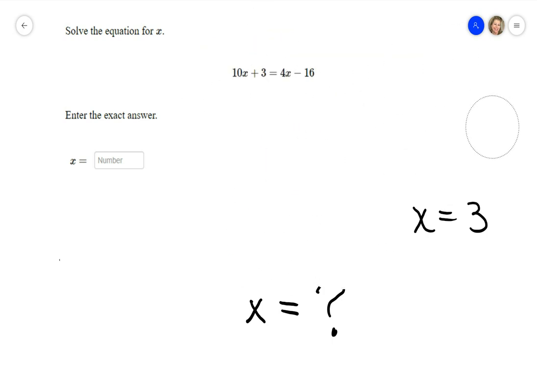Now, looking at the mess they gave me, if there had been parentheses in here, I would have distributed to get rid of my parentheses. If I could simplify the left side or the right side by combining like terms, I'd do that too. But I don't have any of that here. All I have is on the left side a 10x plus 3, and on the right side a 4x minus 16.